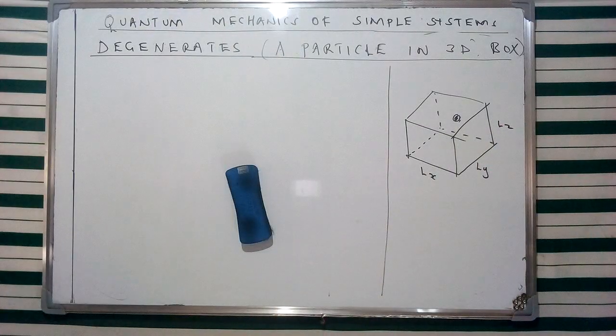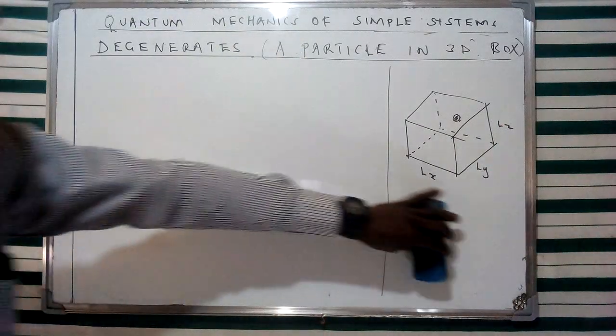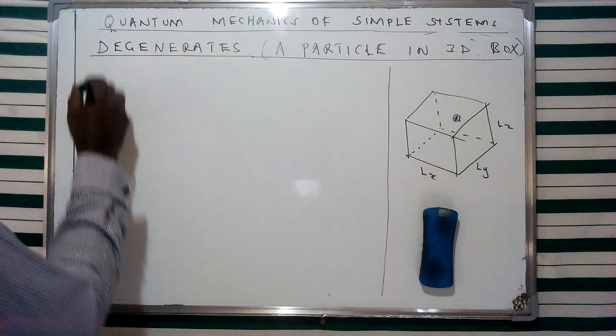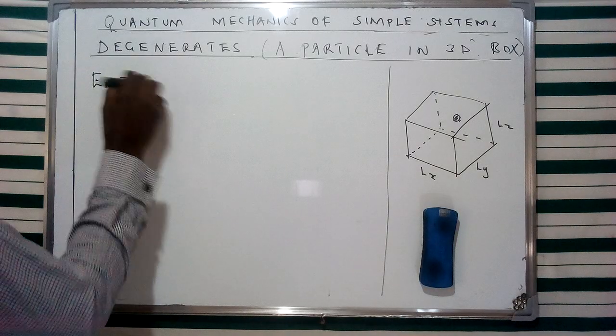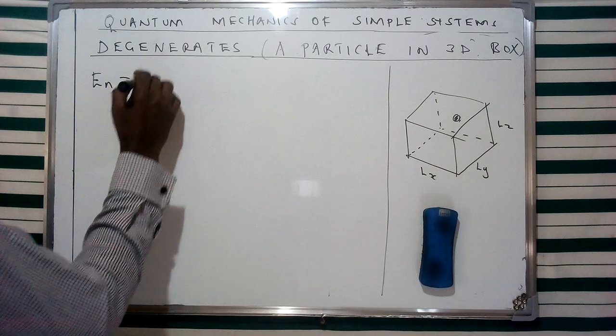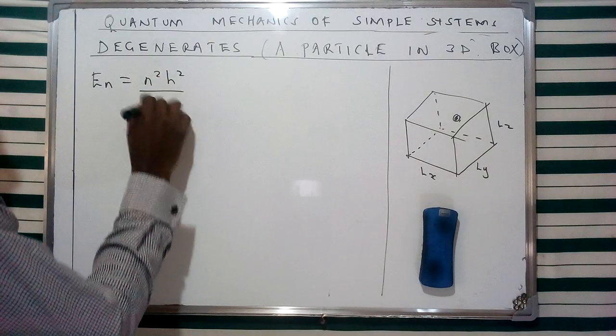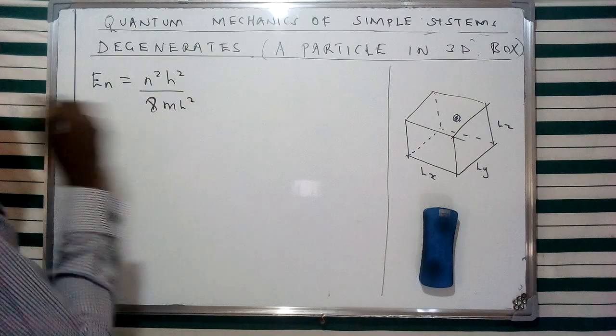We are going to consider this specific description of a box using the general representation for the energies which we are given in terms of eigenvalues, which is n squared h squared over 8 m l squared given as such.